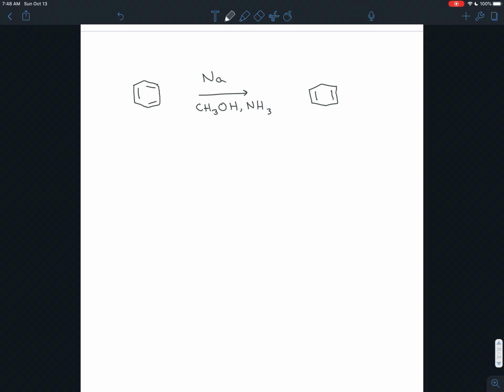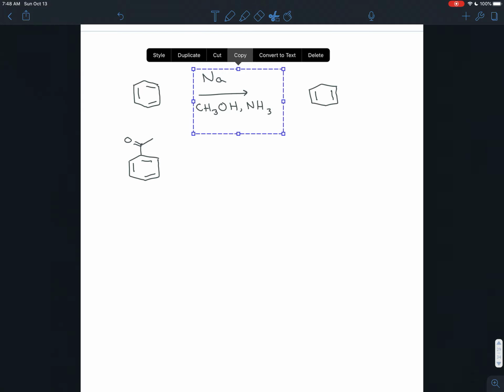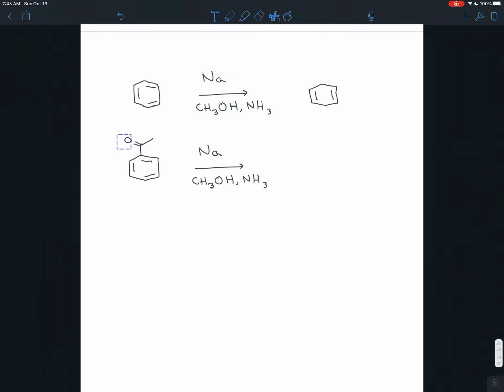Now, there are 2 variations to this. If you have a ring with a branch on it, it behaves just a little bit differently. If you have a ring with a branch that has an electron withdrawing group, for example, an electronegative atom like a carbonyl, then when you do this same reaction, you only get reduction at one place.